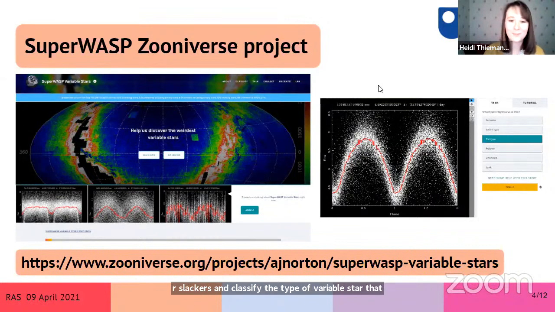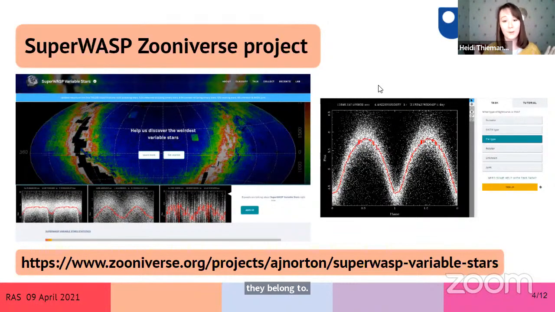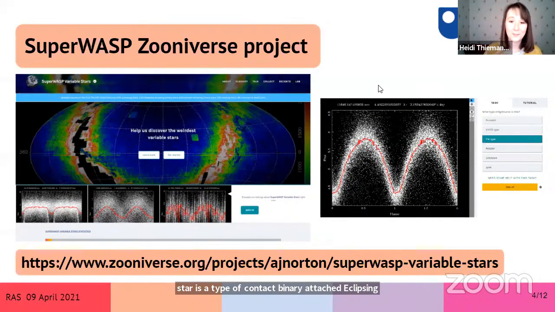It's a very simple pattern matching exercise, so we show a volunteer a light curve and ask what type of variable star. Is it a type of contact binary, a detached eclipsing binary, is it a pulsator, a rotator, etc. With this, our aim is not just to identify the weird and unique variable stars, but also to create a publicly available online dataset and do various other works, such as population studies of variable stars.